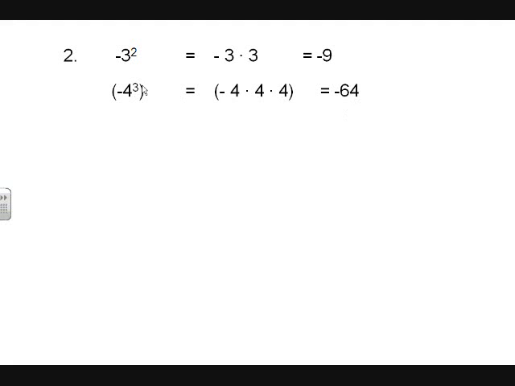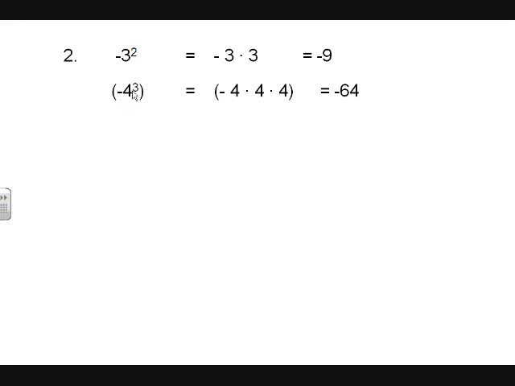Now, had this 3 been on the outside, the answer still would have been negative 64. This is why I wrote this out right here with the negative on the outside, and then 4 times 4 times 4. In this case right here, with the exponent on the inside of the parentheses, the negative still is not included with the base.